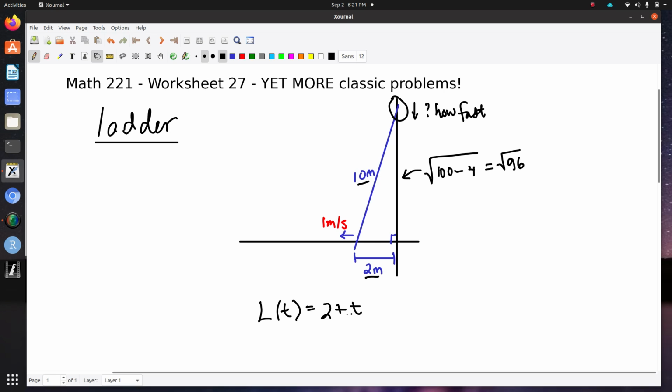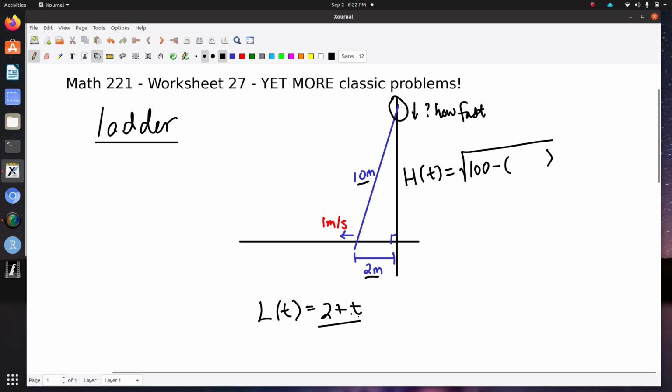There you go. And so what is this height going to be? Well, the 10 is not changing. This is a constant, so we don't have to have an expression for that, but this one I'm going to call h. H of t must be the square root of 100 minus the square of this guy.